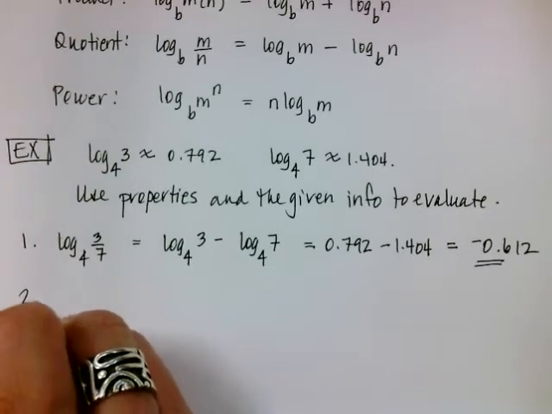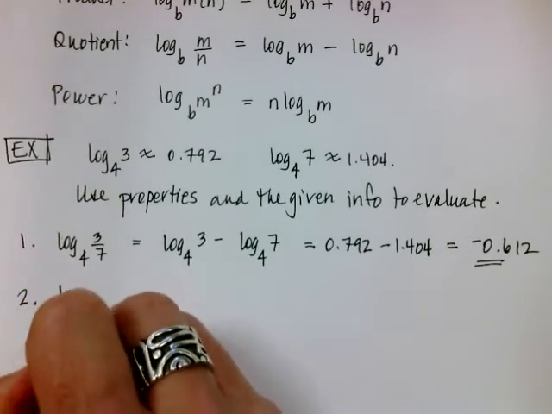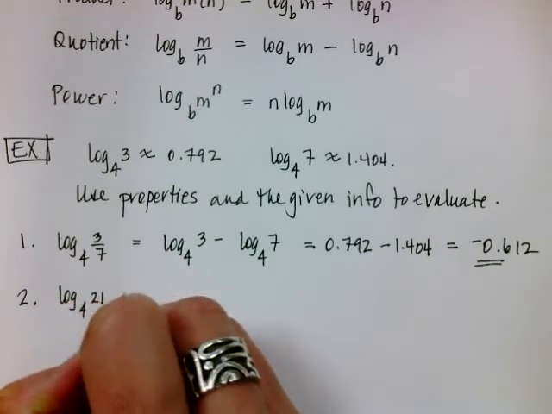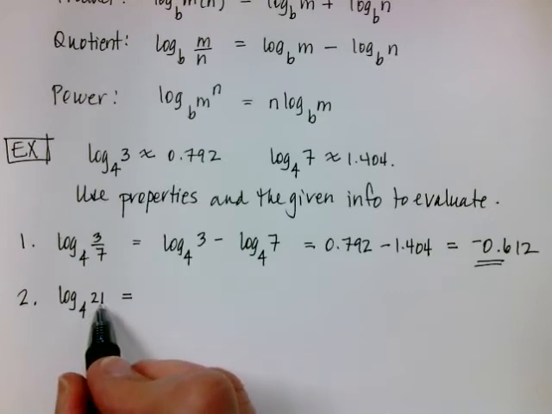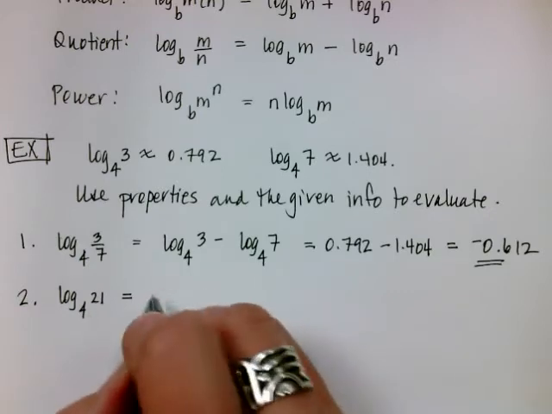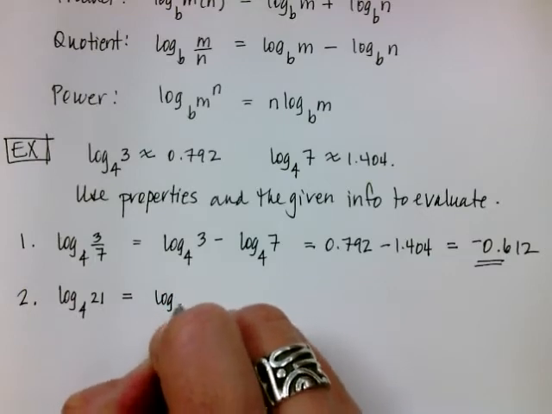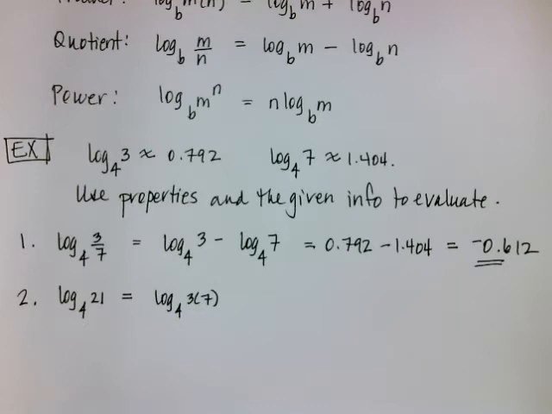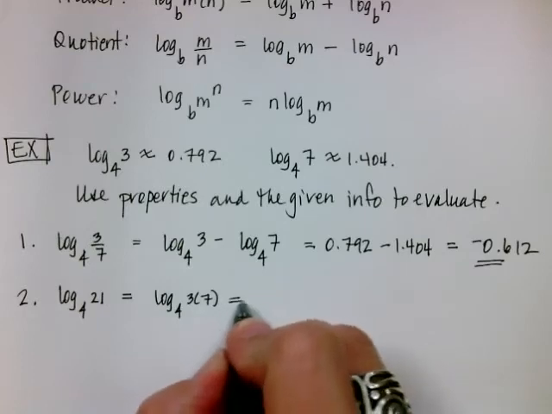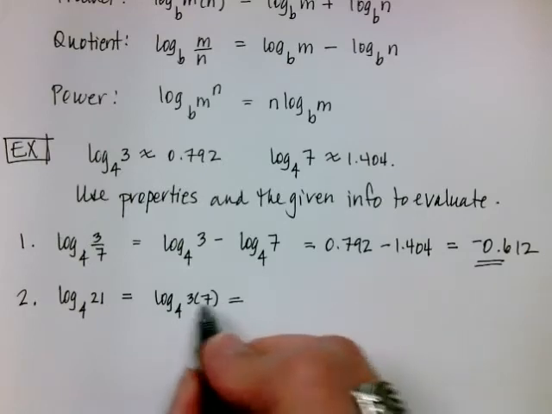The second problem would be the log base 4 of 21, and that's going to be rewritten again as, sorry, this one's not division. I could rewrite this as multiplication, so I'm going to write it like this, the log base 4 of 3 times 7, because 3 times 7 is 21, and I was given the log base 4 of 3 and the log base 4 of 7. Now I use my properties.